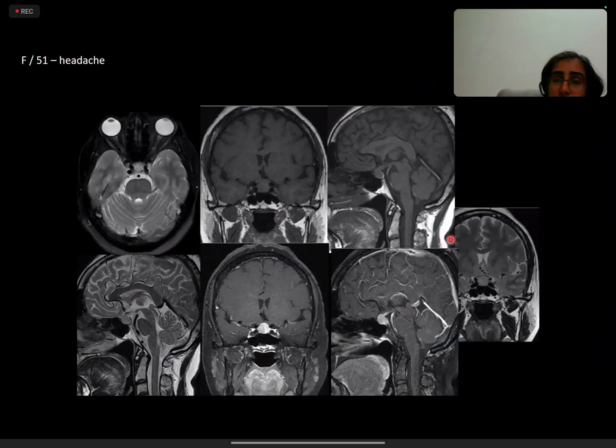So this is another patient, a 51-year-old lady with headache, and she underwent a routine MRI brain. Please describe the findings.